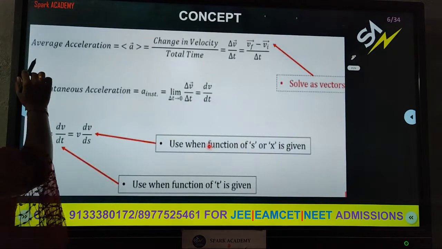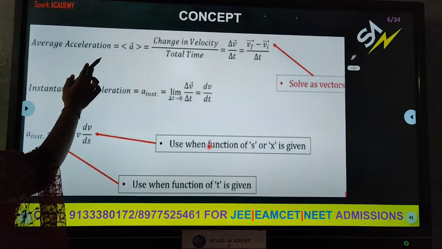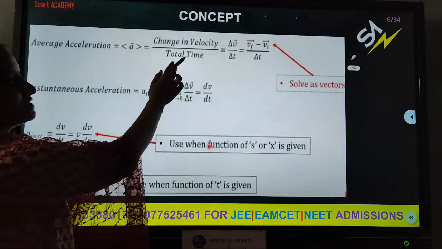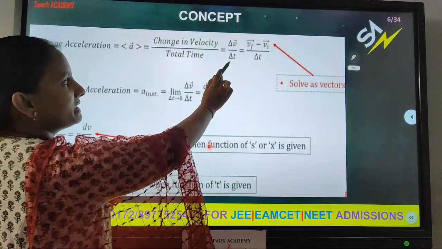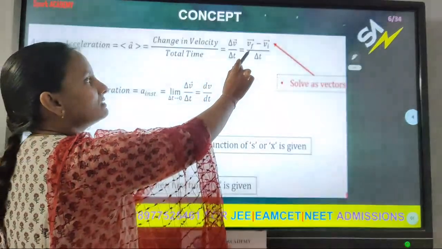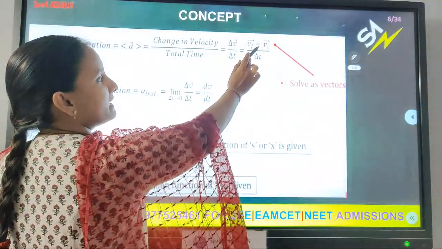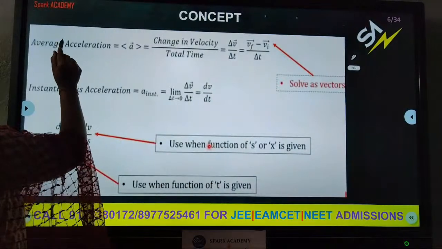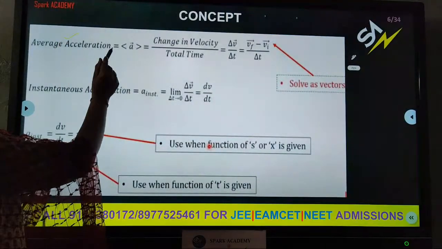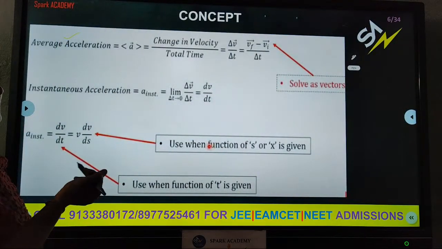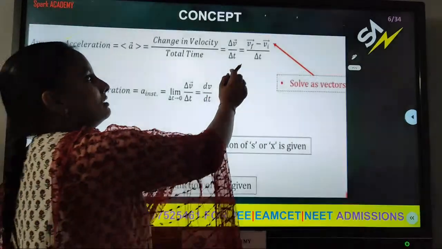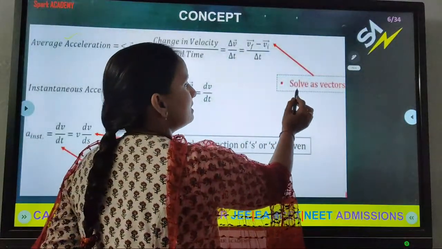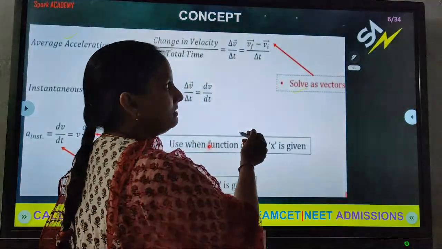The next quantity is average acceleration. Average acceleration is nothing but change in velocity by total time. Change in velocity means final velocity minus initial velocity, by time taken. While finding the acceleration of an object moving in a straight path, we have to solve it as vectors.